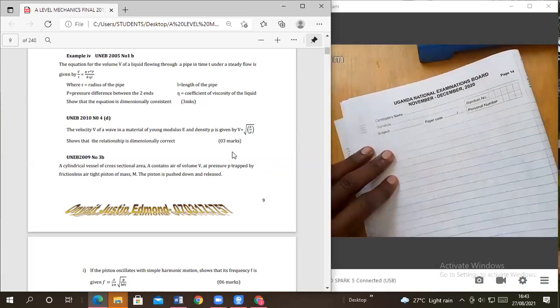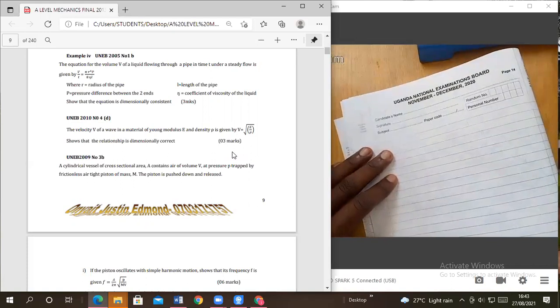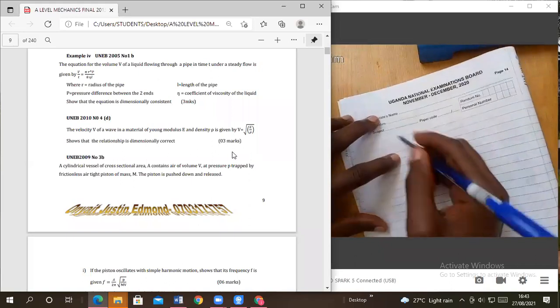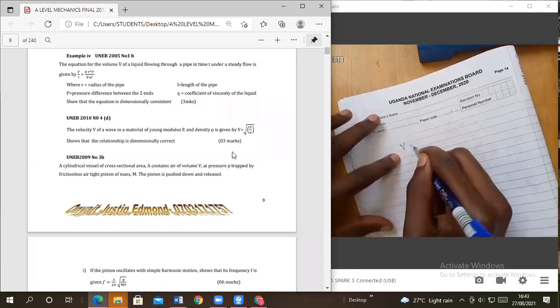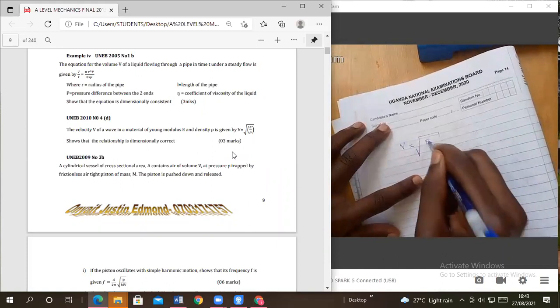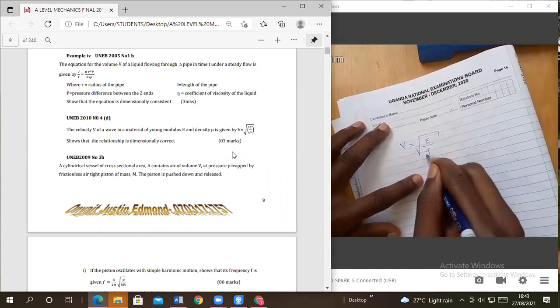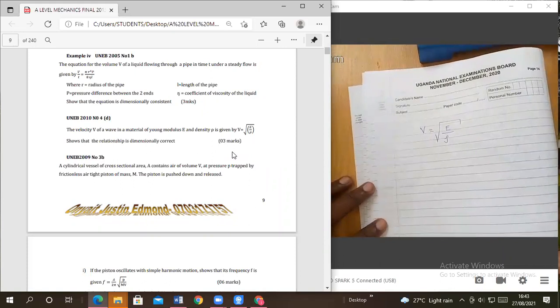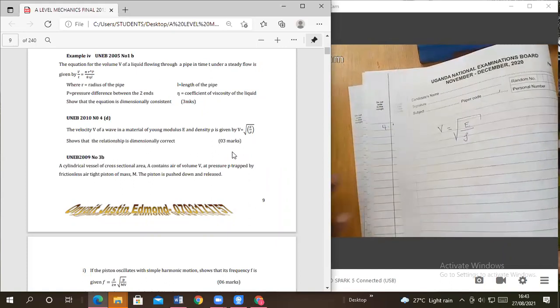The velocity of a wave in a material of Young's modulus E and density rho is given by v equals the square root of E over rho. Prove for me that that equation is dimensionally correct.